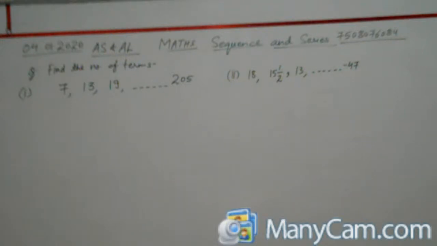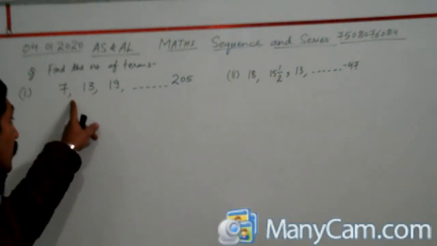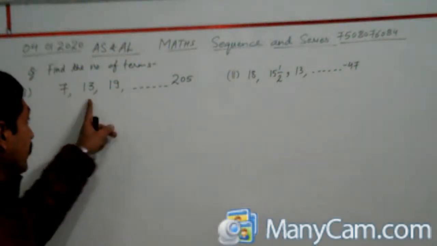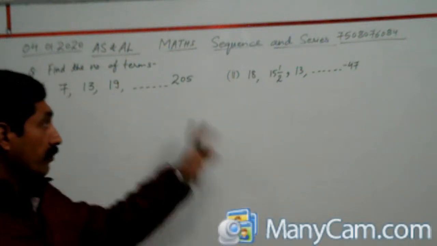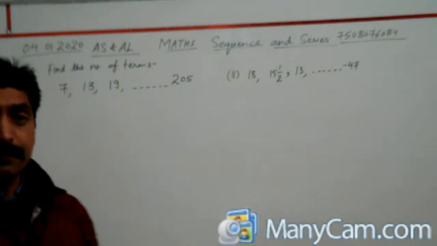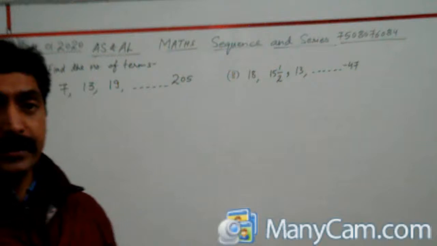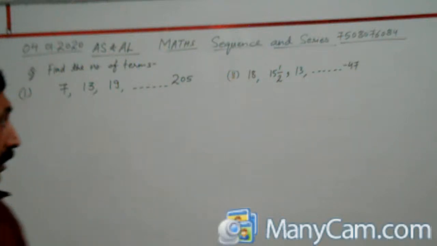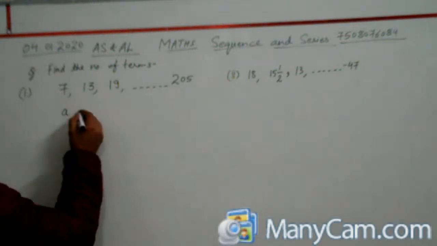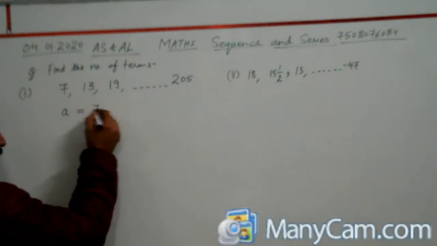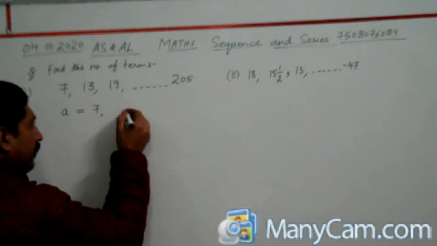So how to do it? The sequence is 7, 13, 19, and so on. This is an AP. You have to find the number of terms n here. So we know the formula. What is a? That is 7. What is the common difference?